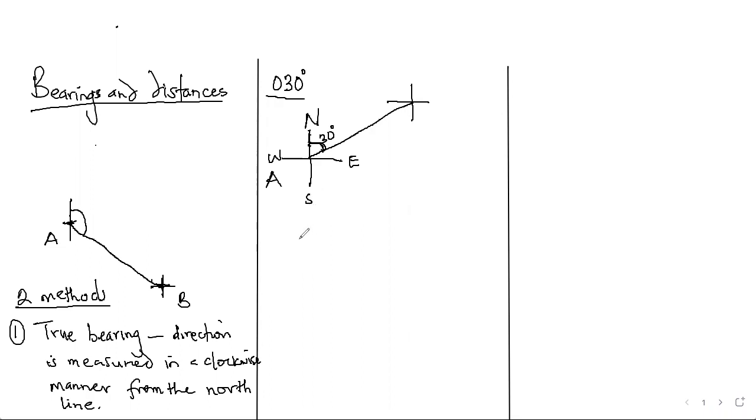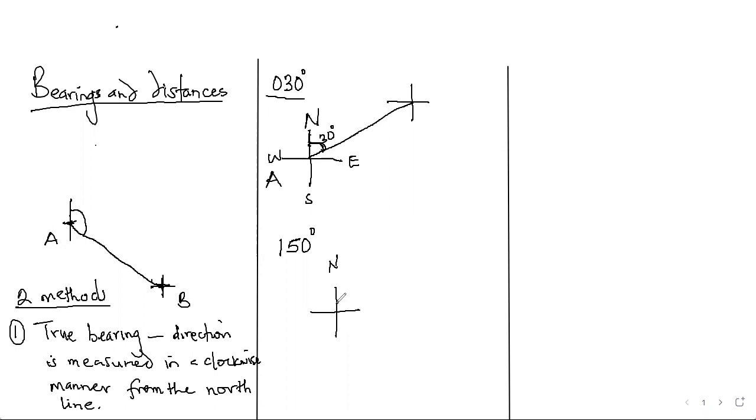Let's say we want to locate 150 degrees. How do you do that? You start from the north, always from the north, and you go in a clockwise manner.